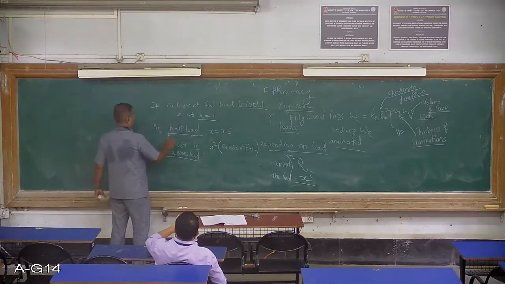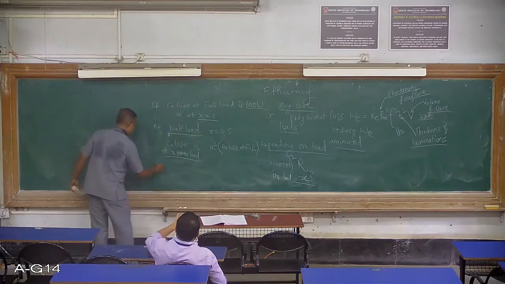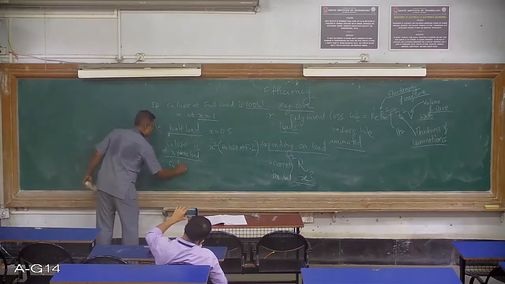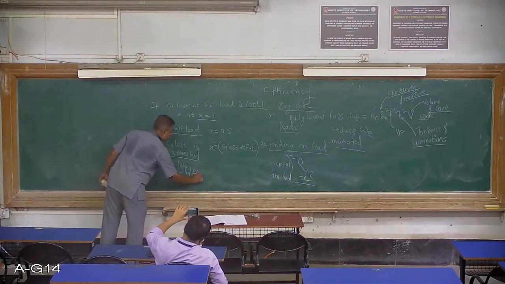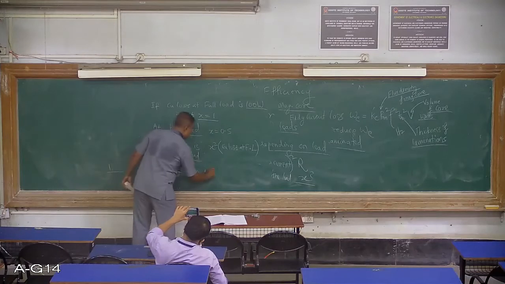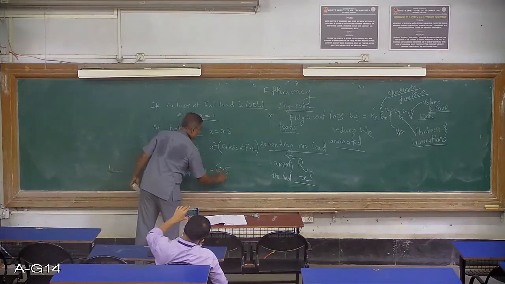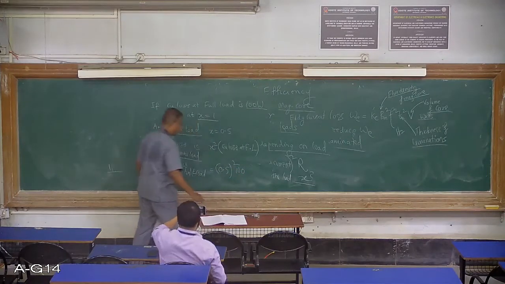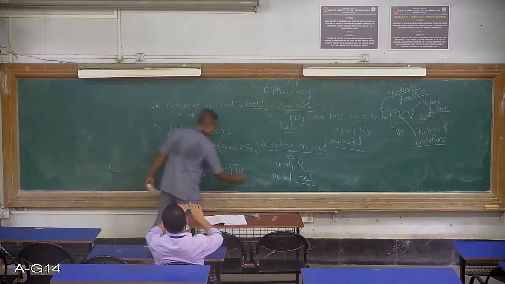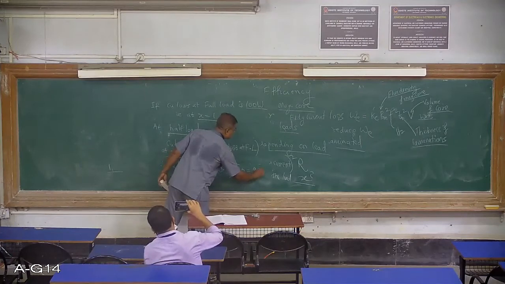Therefore, copper loss at half load is 0.5 in place of x, squared, times 100, the copper loss at full load. So this becomes 25 watts.